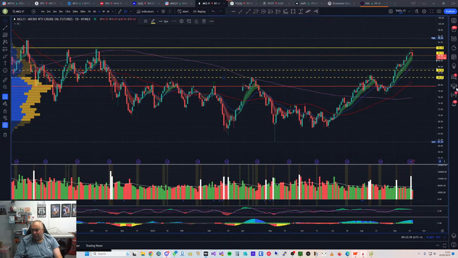So 82.50 is a potential rejection, and that'll be off of the 50 as well, and this 200 is starting to curve round as well. So we're definitely in a big uptrend. We need this pullback. So that's the area I'm watching, 84, and then if we get back down to 82.50. Okay, I think that's it really.